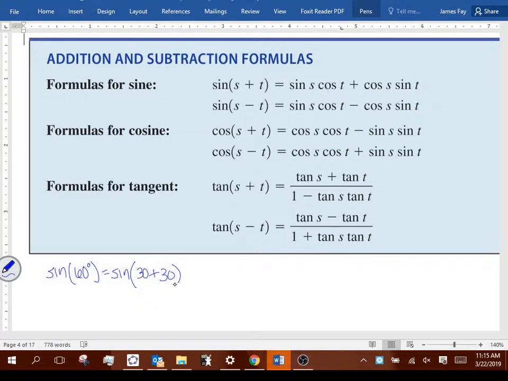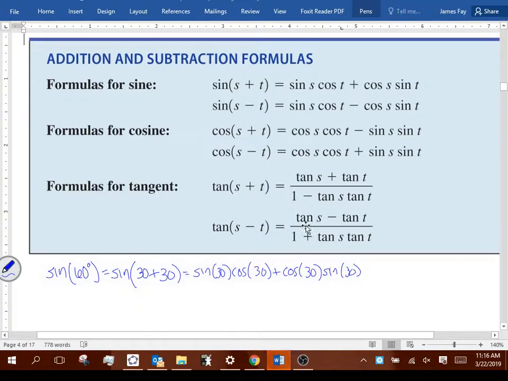Does that make sense, where S is 30 and T is 30? So can I rewrite this as sine of 30 times cosine of 30 plus cosine 30 times sine of 30?